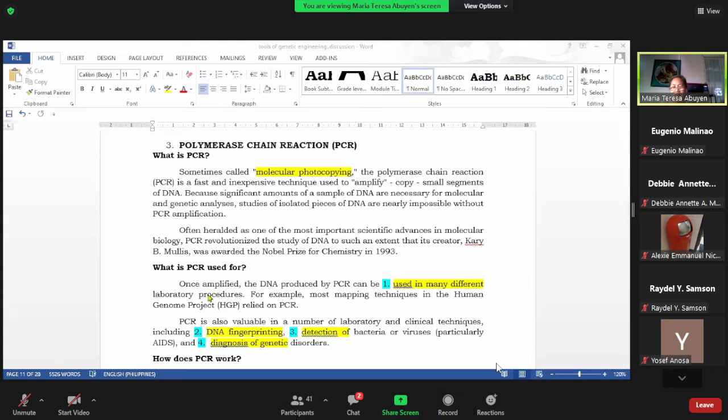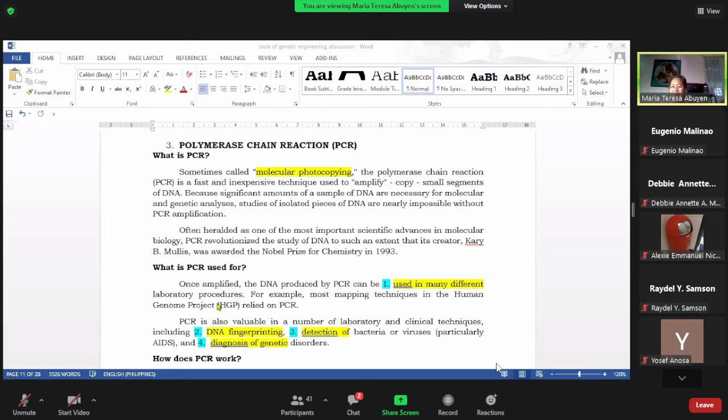Once the DNA is amplified, the DNA produced by PCR can be used, one, for laboratory procedures.